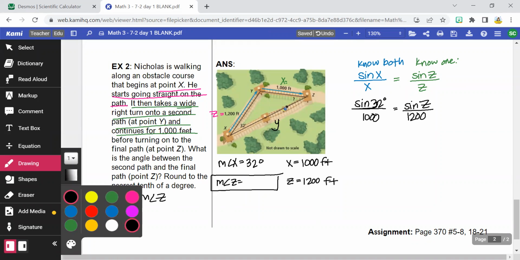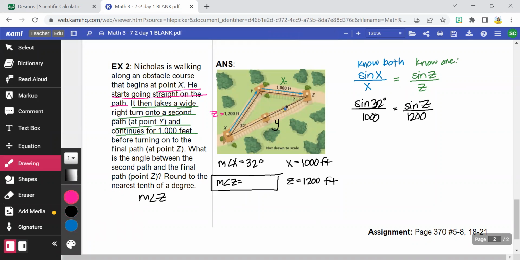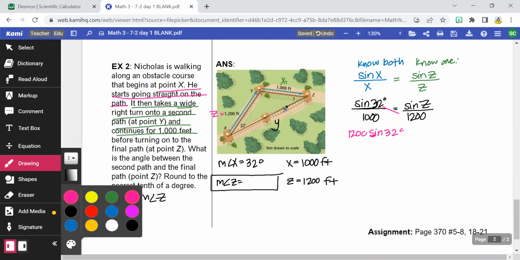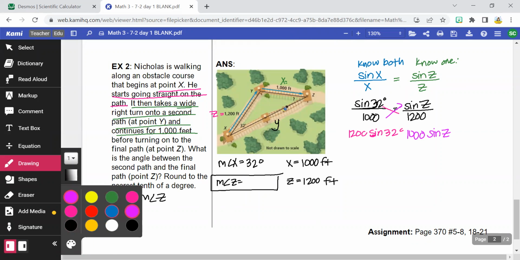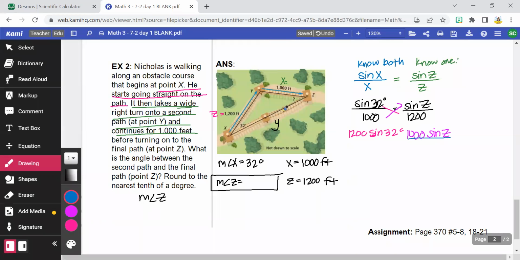If I cross multiply, I'm going to get 1,200 times sine of 32 is equal to 1,000 times sine of Z. To get sine Z by itself, I'm going to have to divide by 1,000 first.